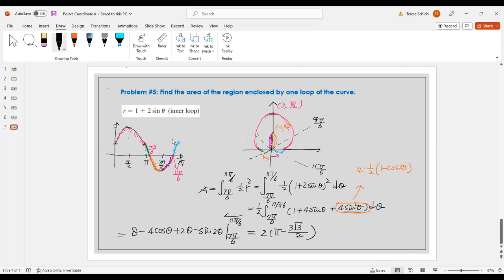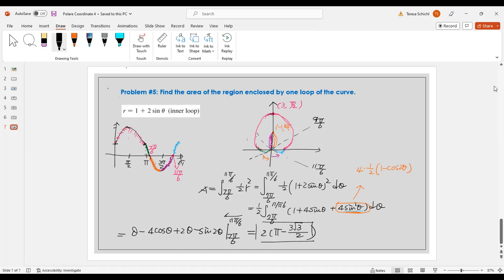So that's it, right? They want to find the inner loop, so it's from 7π/6 all the way to 11π/6. I hope my algebra is correct here.